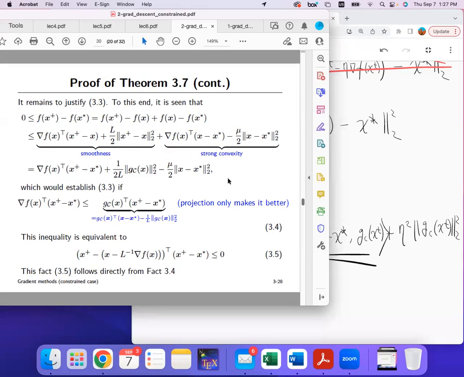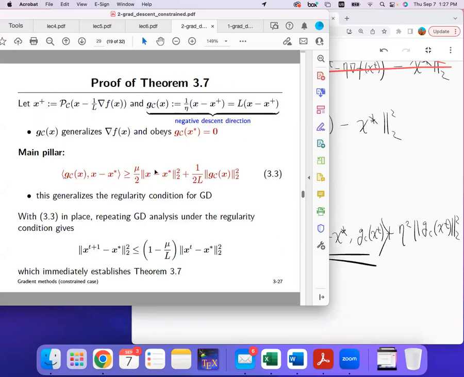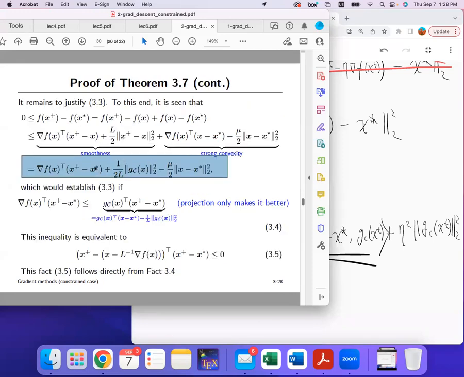Okay, and this is already very similar to this inequality. We have these two distance terms, and we have this dot product. But there's something different: here we only have a gradient, not GC. So this inequality would establish 3.3 if we can show the following inequality. If we can show this one, just plug it in here and rearrange the terms, and then we are done.